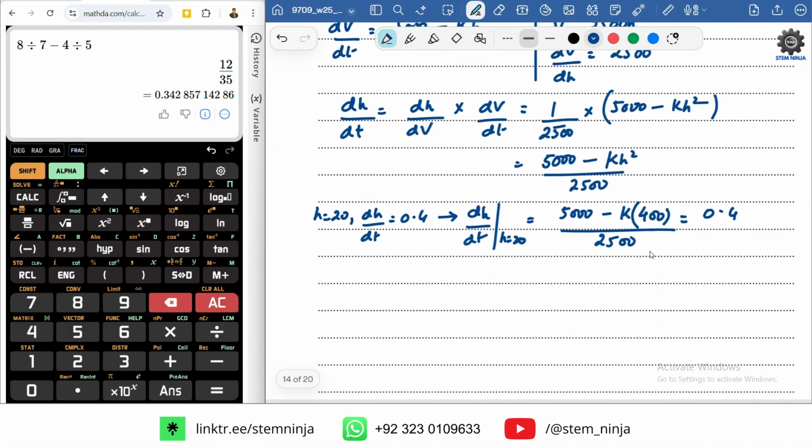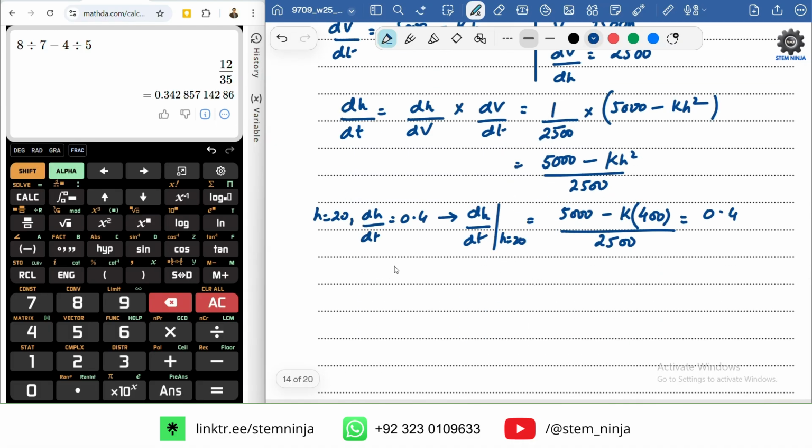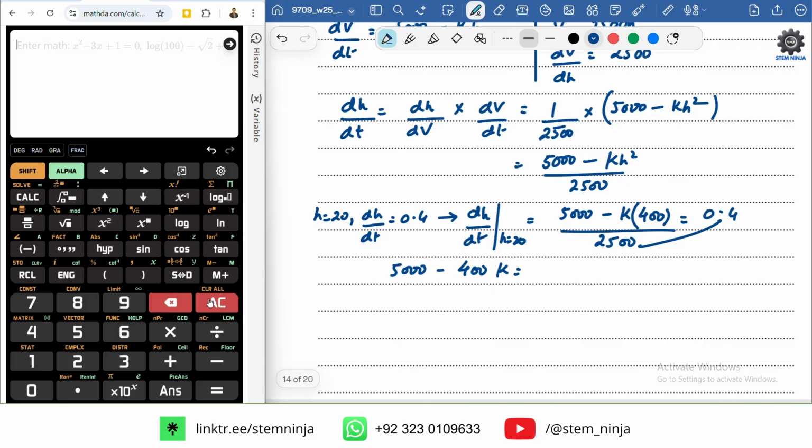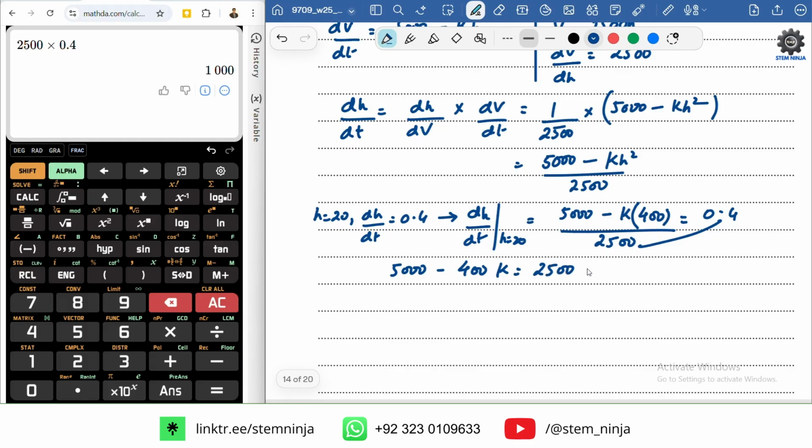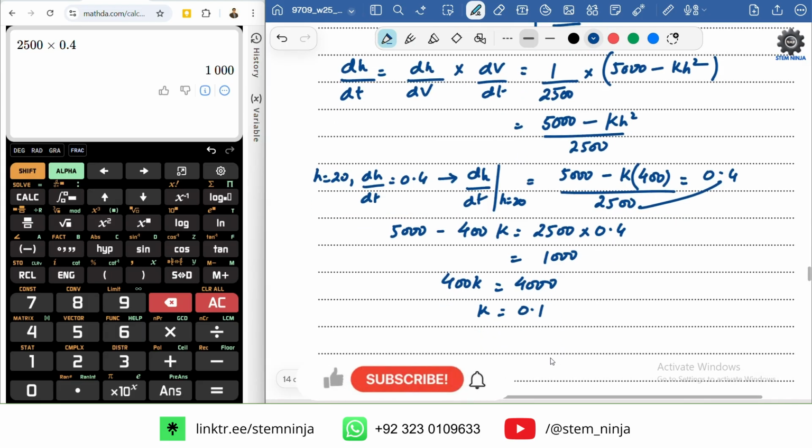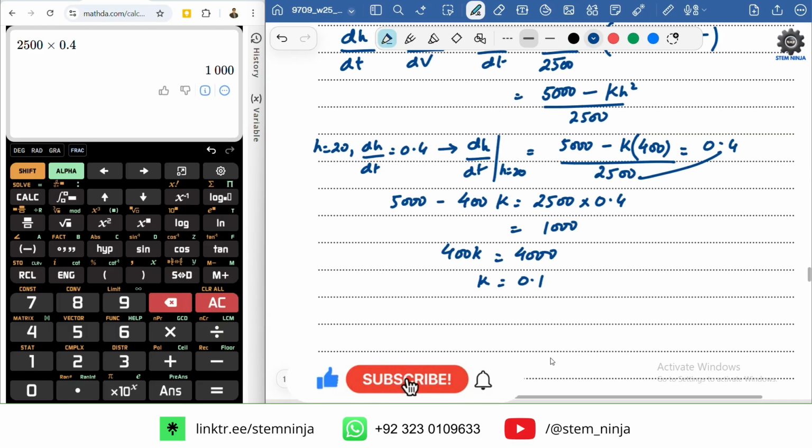So we just need to find out k, right? So 5000 minus 400k is going to be 2500 times 0.4, which is 1000. So therefore 400k would be 5000 minus 1000, that is 4000. So k basically is 10. Right.